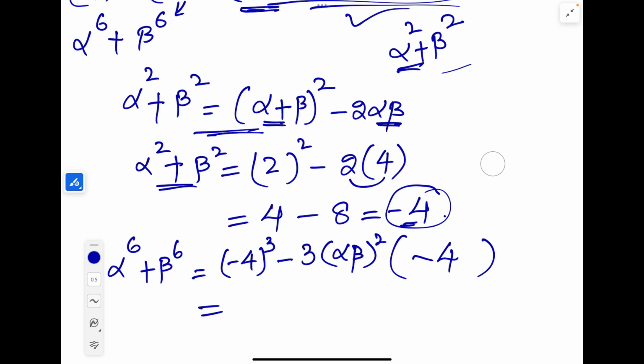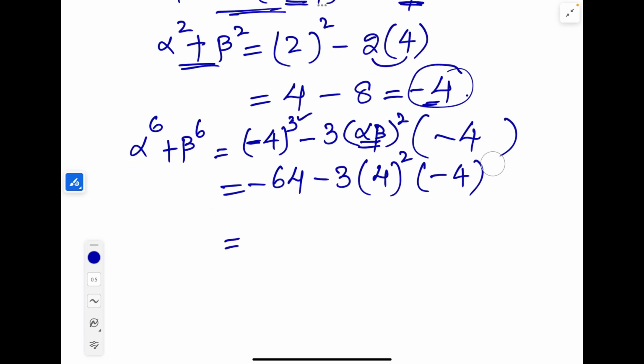So what is -4 cube? 4 4s are 16, 16 4s are 64. Since it is negative and the exponent is odd, we will be getting -64 minus 3 into alpha beta. What is alpha beta? Alpha beta value is 4. So square into -4. Now let us simplify. It will become -64.